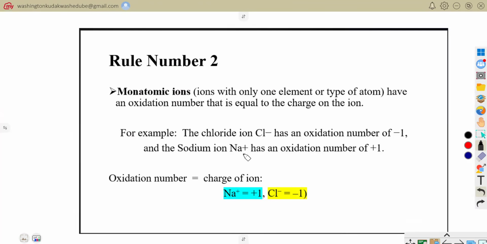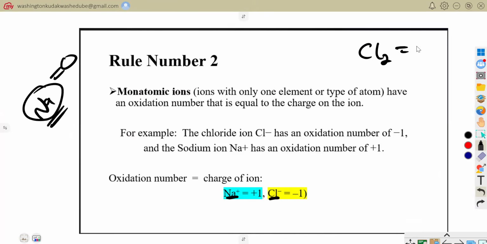For example, with sodium, on our first rule we had sodium as just an element. It was not carrying any charge, so its oxidation state is zero. But once it starts carrying a charge, like this positive, its oxidation state is positive 1. If you have chlorine as a molecule like that, its oxidation state was 0, according to rule number 1.